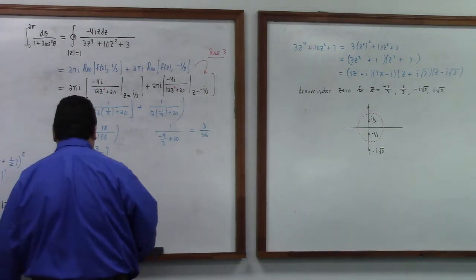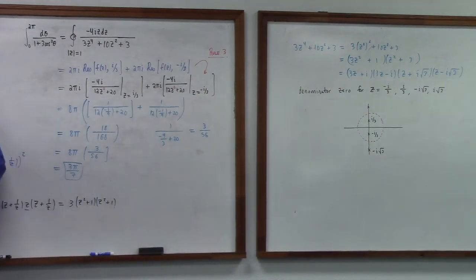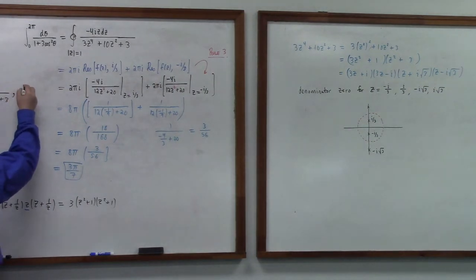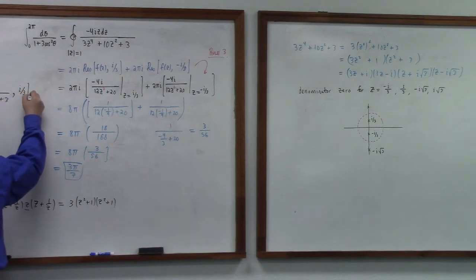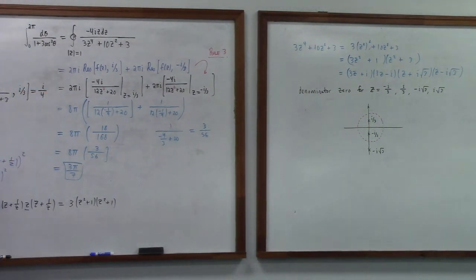So allegedly, the residue of minus 4iz over 3z to the 4th plus 10z squared plus 3, at, let's say, it doesn't matter which one, let's say i over 3, he claims that that's minus i over 4.